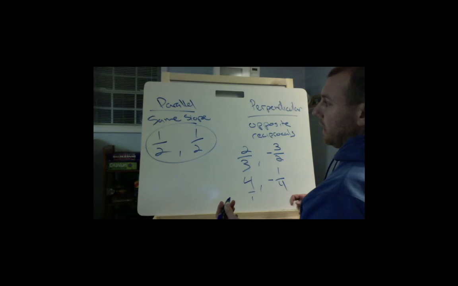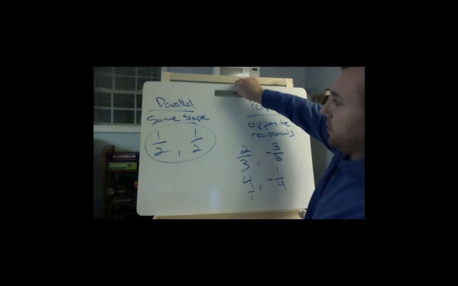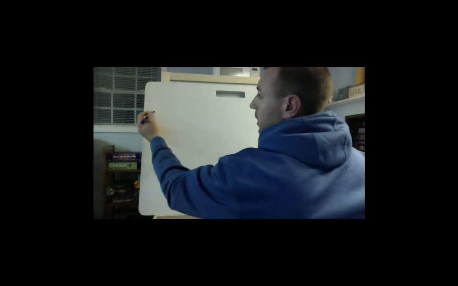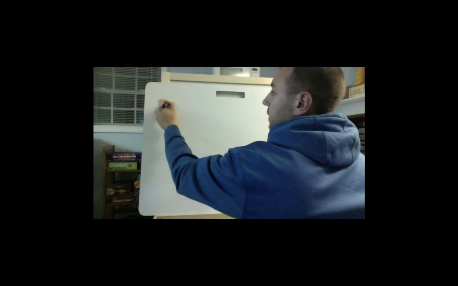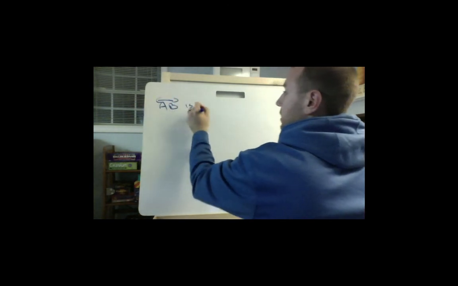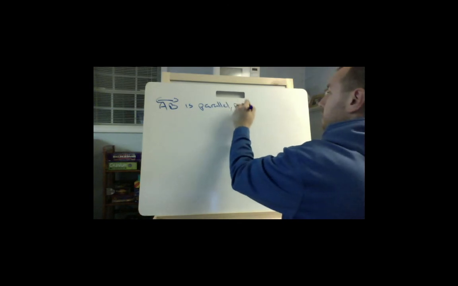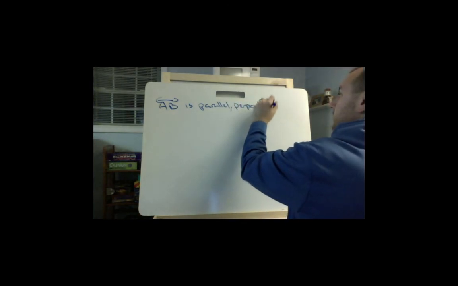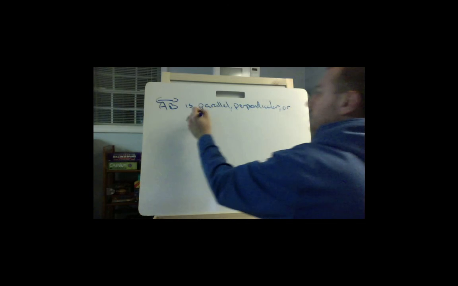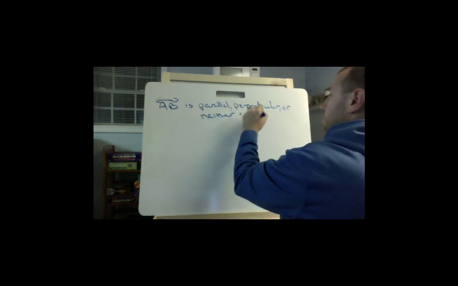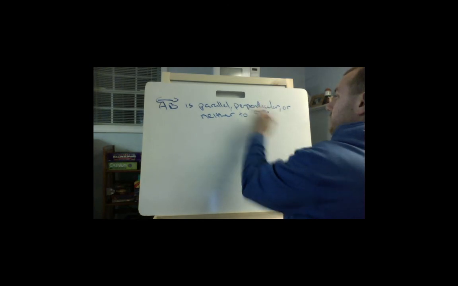So you'll always be asked questions dealing with this when you have something like: determine if AB is parallel, perpendicular, or neither to DC.